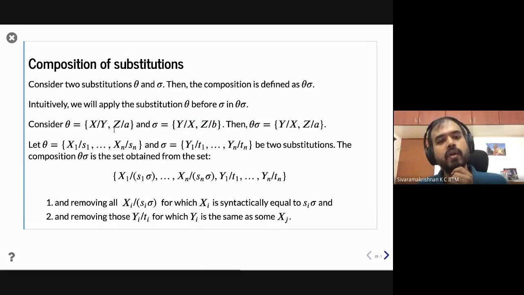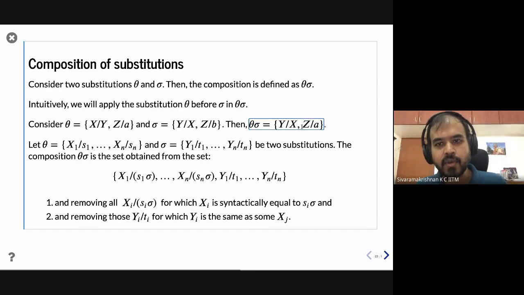If the original term you're substituting on had a z, all the z's have been replaced with a, and sigma says replace all the z's with b. But because we are applying z slash a first, all the z's have been replaced with a, so there are no z's to replace here. So this is not necessary, and hence we will only retain z slash a here.